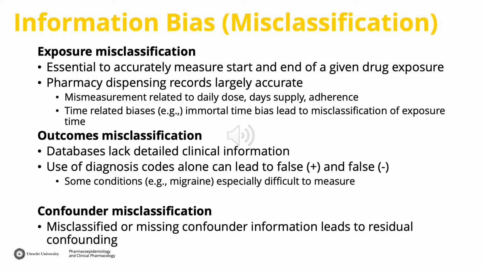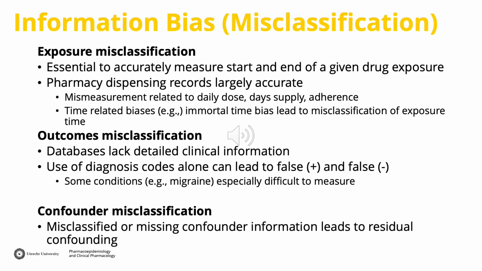So typically we use pharmacy dispensing records in order to measure drug exposure for a given individual. However, mismeasurement can be introduced into this measure because daily dose or the day supply might be wrong in the dispensing records, or the patient might not actually take the medication that they pick up from the pharmacy.